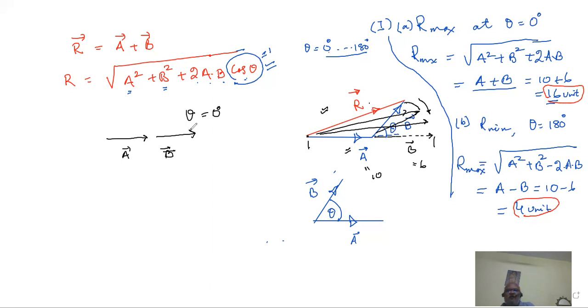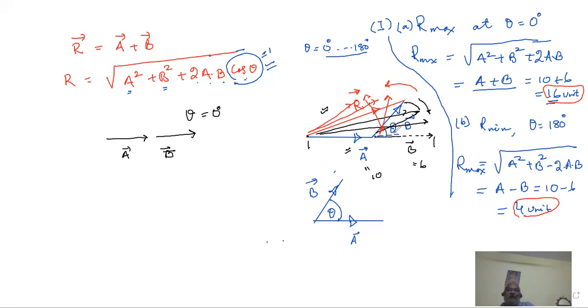Okay. Similarly, if instead of decreasing theta, we turn B in the opposite direction, anti-clockwise, so now B rises up. If B assumes a position like that, we know the value of the resultant is gradually decreasing. The resultant is always from the tail of the first vector to the head of the last vector.